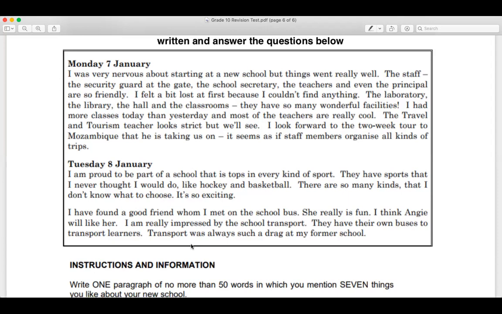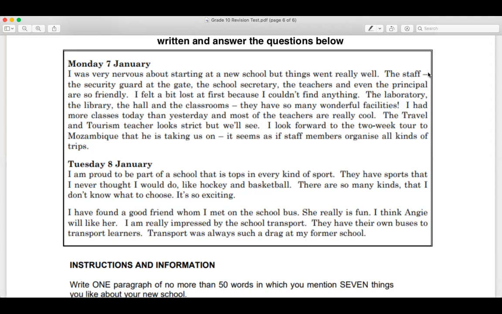The summary skill is on the ability to bring something to a very small, concentrated format. Okay. So, for example, look at the words like very nervous about starting at a new school, but things went very well. You see, there's a lot of unnecessary detail in the sentence. The staff, and then you've got your dash, which gives more information there: security guard at the gate, the school secretary, teachers, even the principal are so friendly.